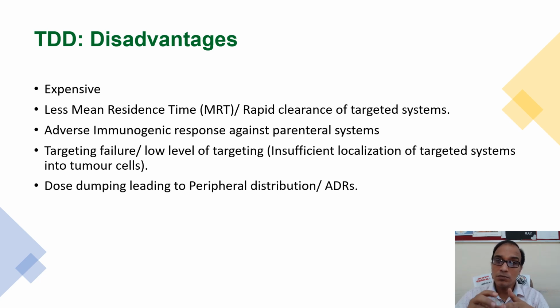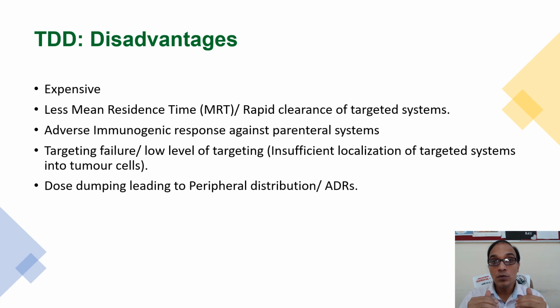You know, if the drug is not properly going into the target organ, obviously the targeted drug delivery will be a failure. And in case of dose dumping, as we discussed in case of NDDS, the same case may be here because the polymer is also there. Same thing we are doing, that we are preparing a delivery system which is meant to deliver throughout the day.